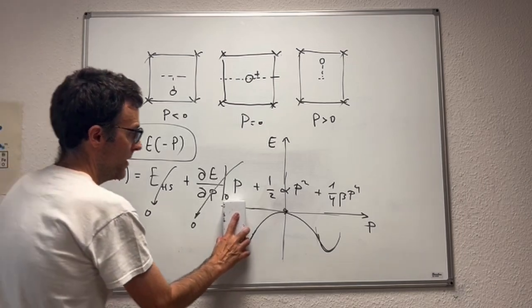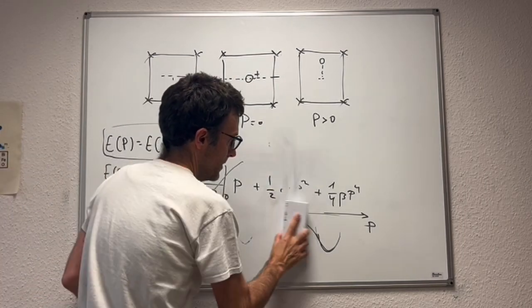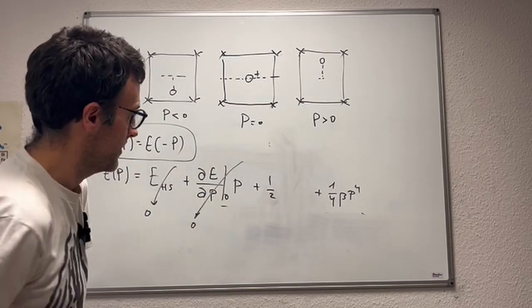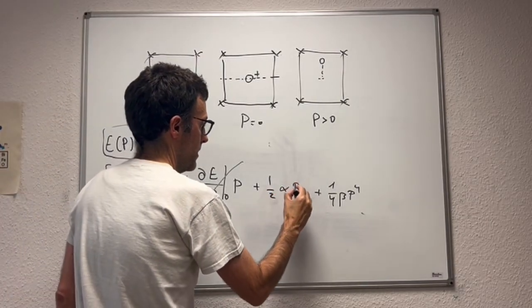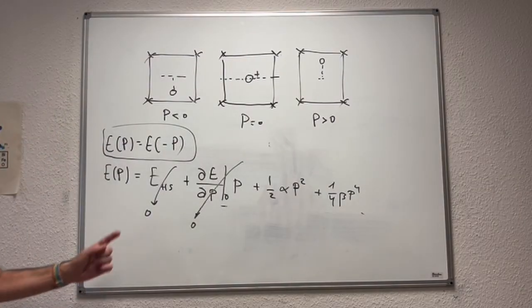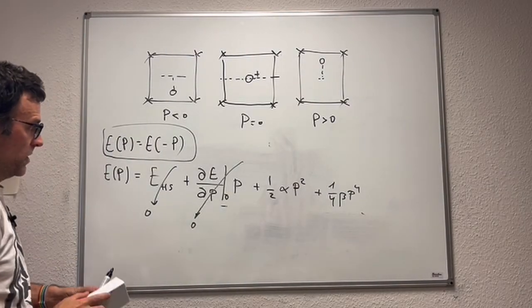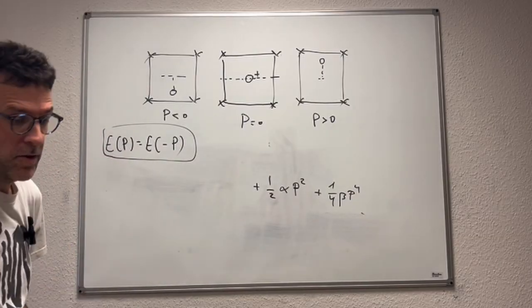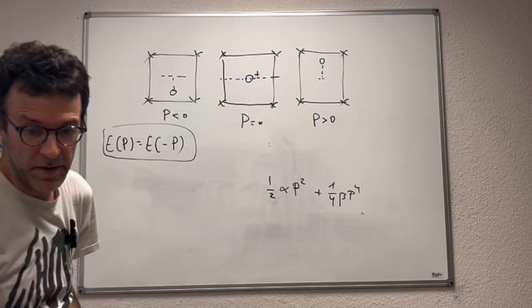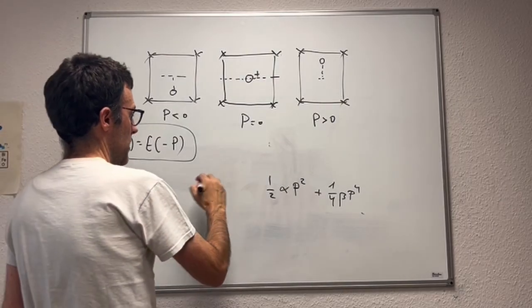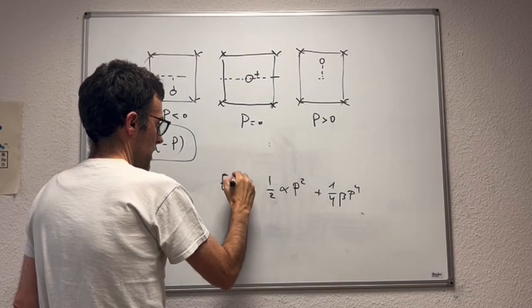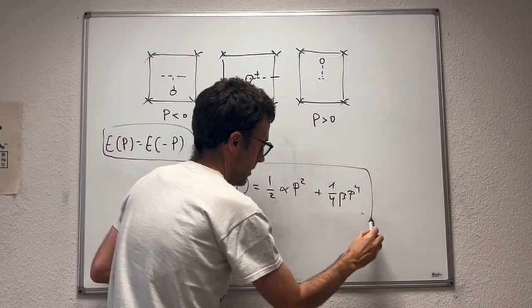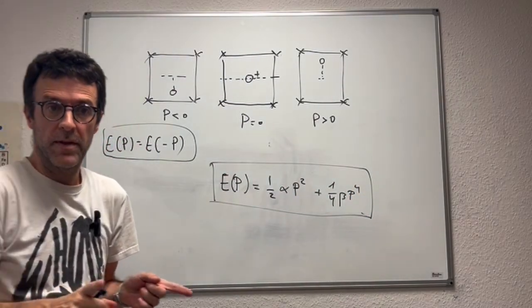So this is incredibly dirty, but let me clean it up a little bit. Okay? So this expression, where for simplicity we are going to remove the energy of the high symmetry phase, let's assume it is 0, gives us the simplest possible form for the energy as a function of the polarization.